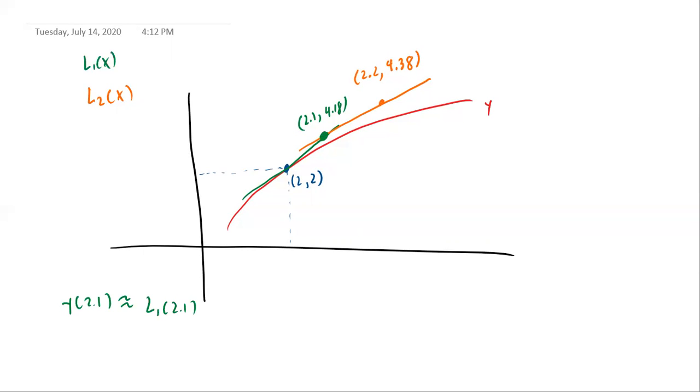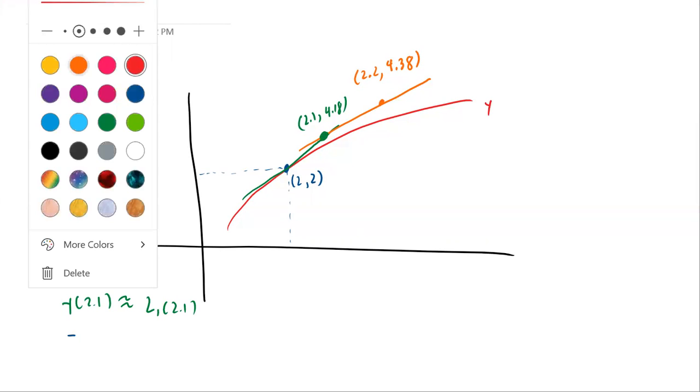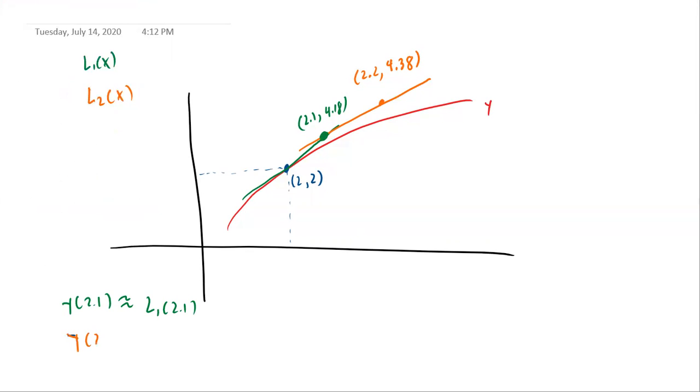Now, we wanted to also approximate y of 2.2. Let me use the same color I used above. We also wanted to approximate y of 2.2. What did we do? We found an equation for a tangent line, not the original one, so not a tangent line that goes to the point (2, 2), but a tangent line that goes through this point, (2.1, 4.18).